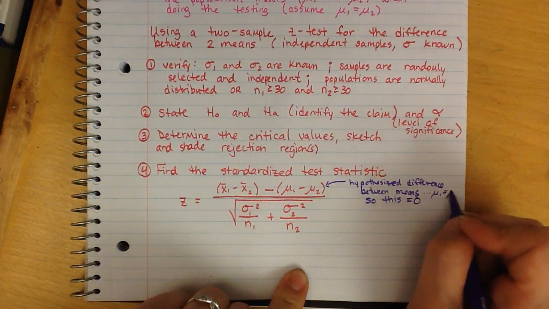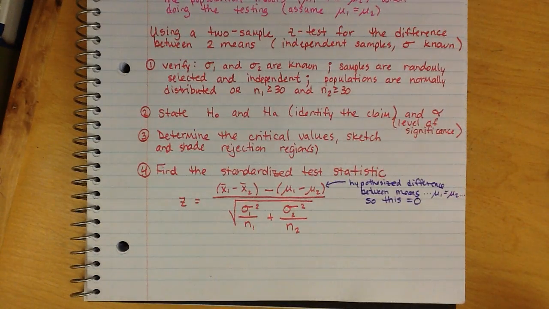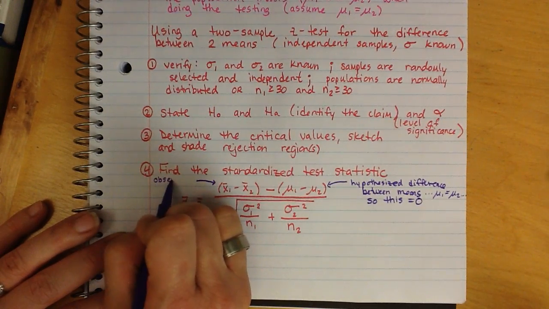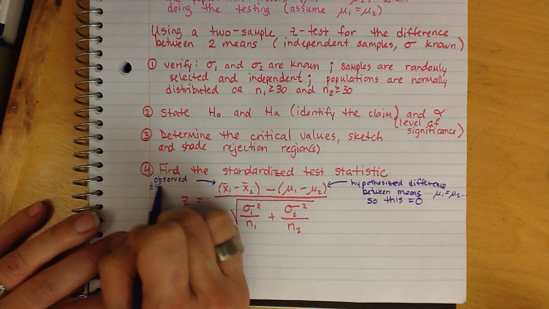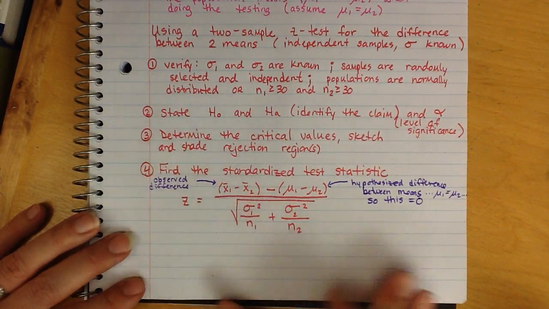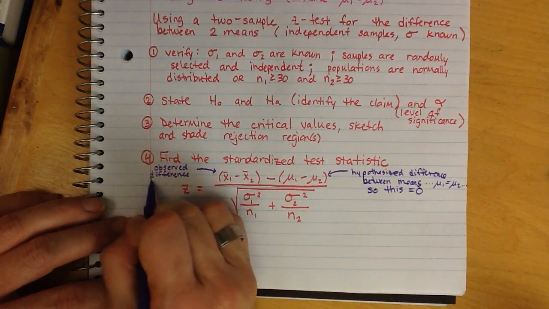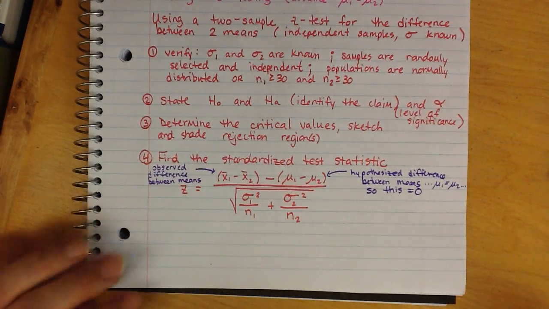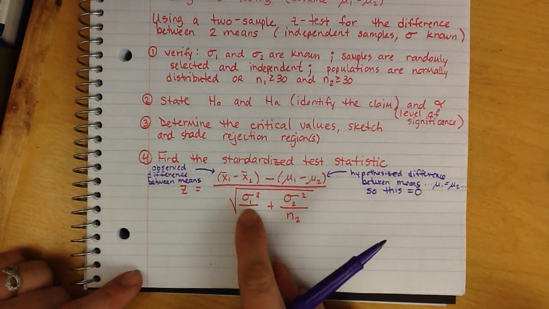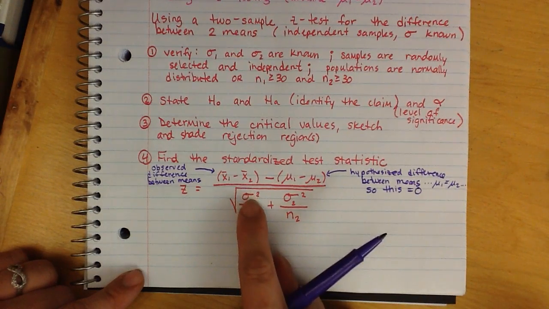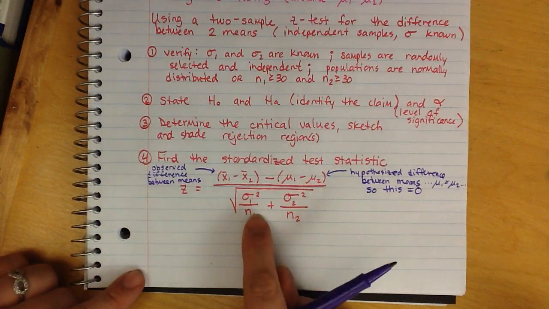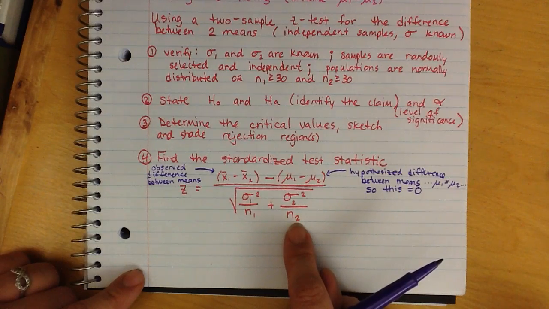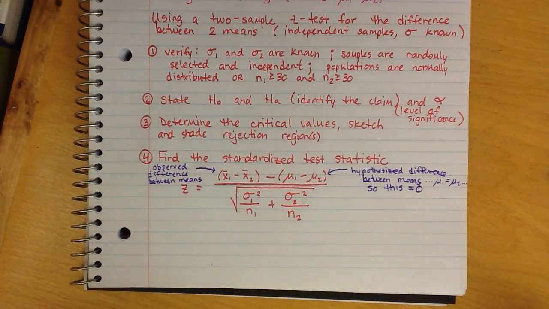This over here is the observed differences between the means, and it's based on the sample means. So we're using x bar 1 minus x bar 2. And then in the denominator we have the standard deviation for the first population divided by the sample size, plus the standard deviation for the second population divided by the sample size, and it's the square root of that whole mess.